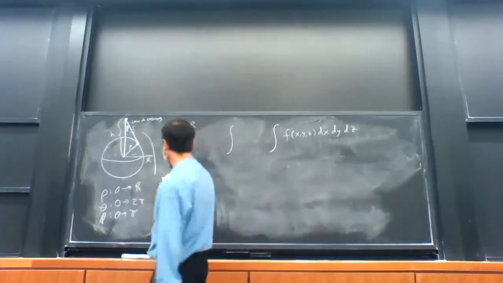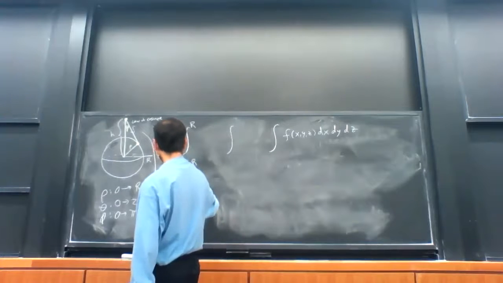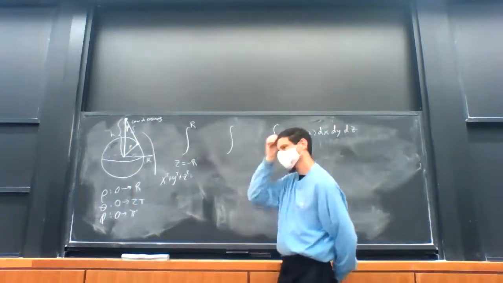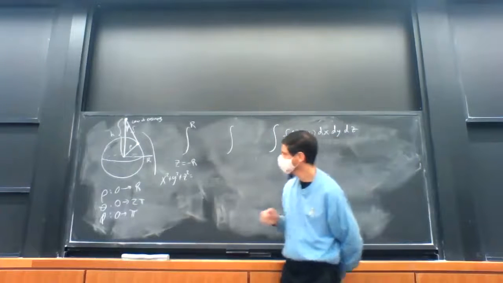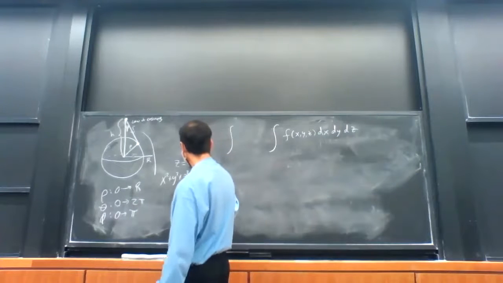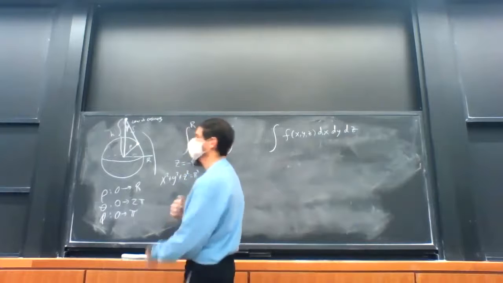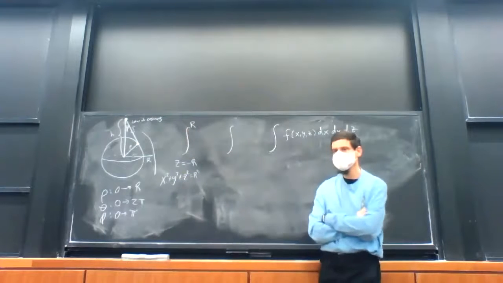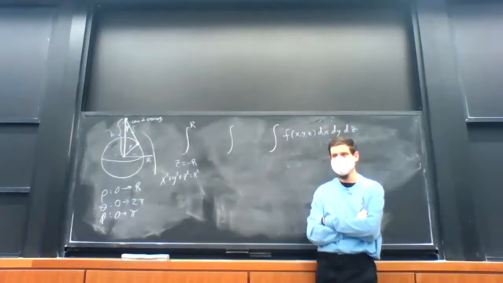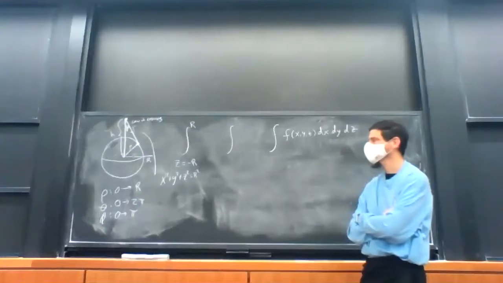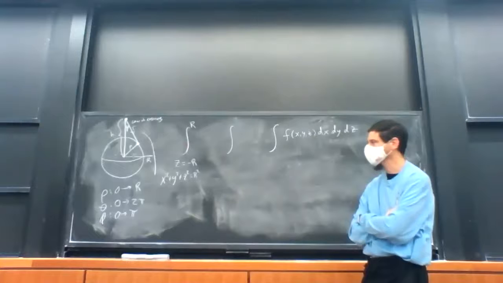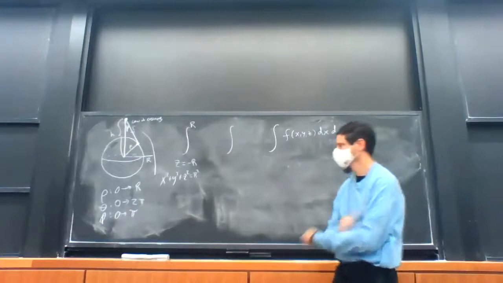Now we have x squared plus y squared plus z squared equal to r squared when we're on the surface of the sphere. And so we want to figure out what is the maximum range for y. What is the maximum range for y given our value of z?